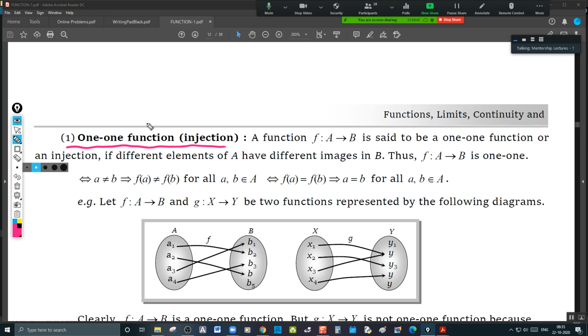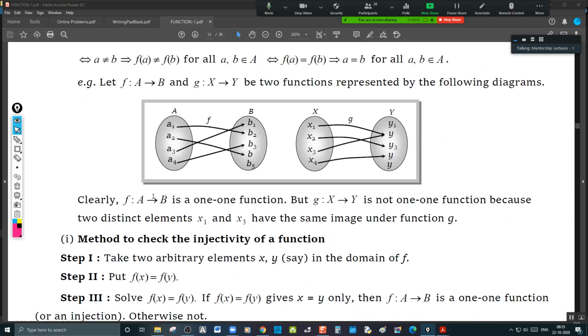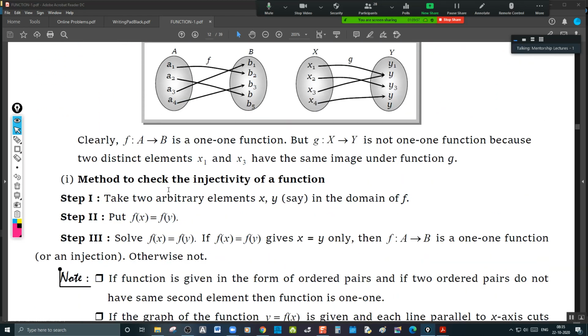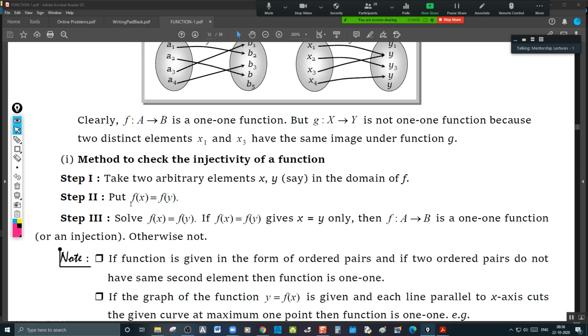It's nothing but a one-one function. For verification, as I said, you have to draw a line parallel to the x-axis, and if it intersects in only one point, then we call it a one-one function. If not, it is not a one-one function. It becomes a many-to-one function. All non-one-one functions, I repeat, all non-one-one functions are many-to-one functions.